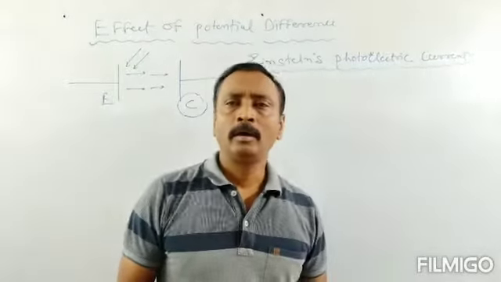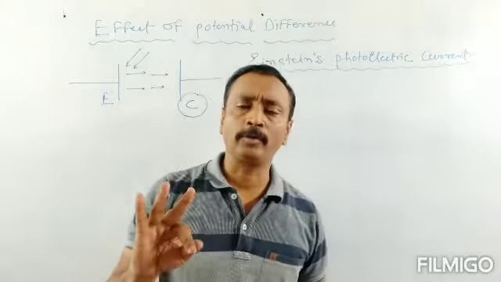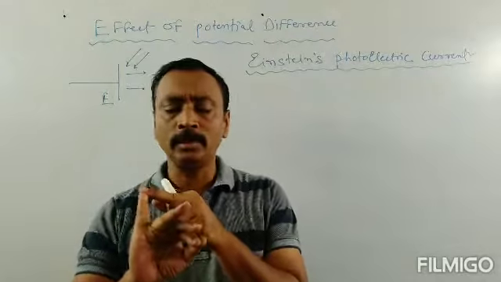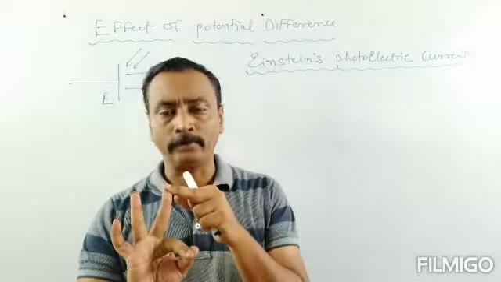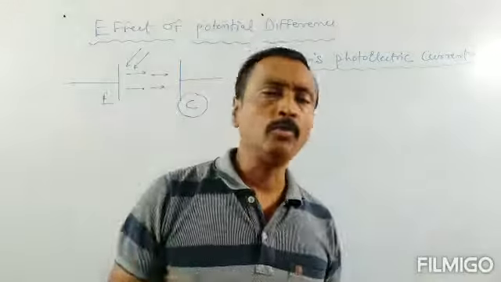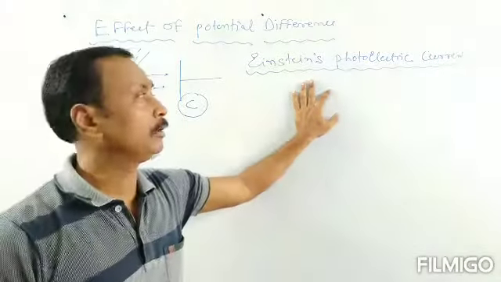So student, in this situation we have seen three effects: first, the effect of the intensity, then the effect of the potential difference, and the effect of the frequency. Now we come to the new topic, the Einstein photoelectric effect.